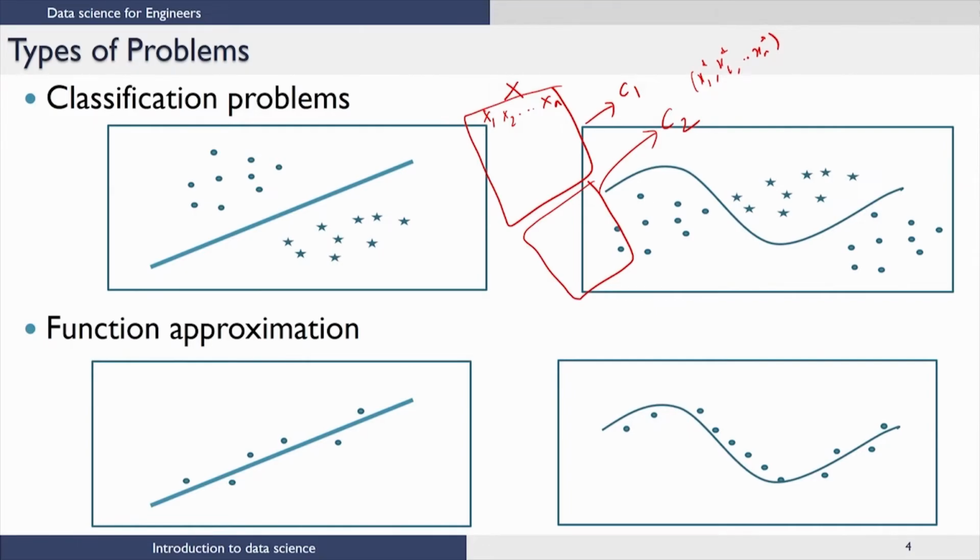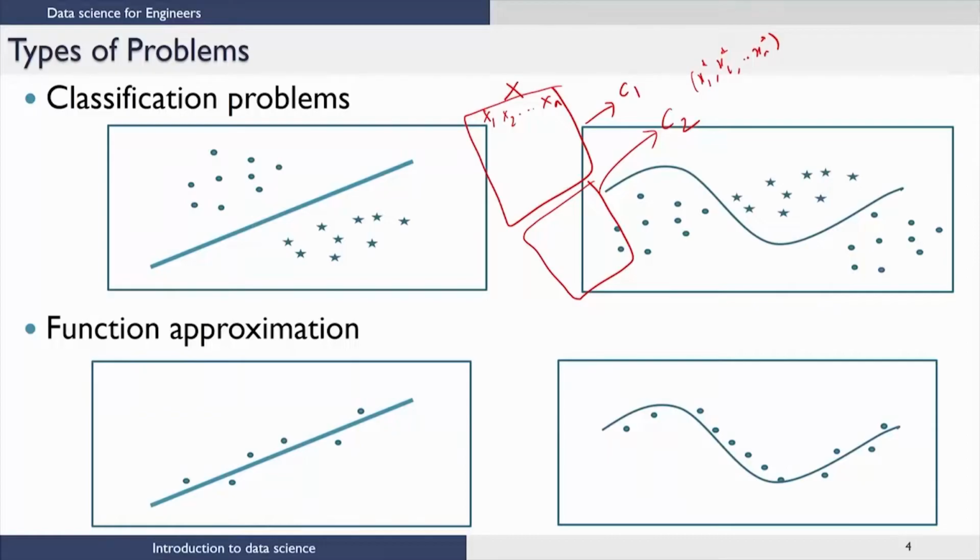the algorithm should be able to classify and say this point is likely to have come from either class 1 or it could have come from class 2. So, assigning a label to this new data in terms of what is the likelihood of this data having come from either class 1 or class 2 is the classification problem.